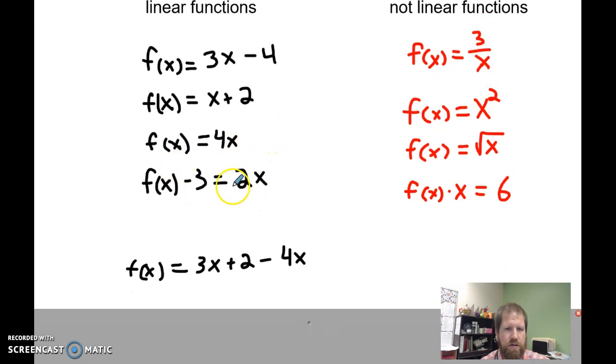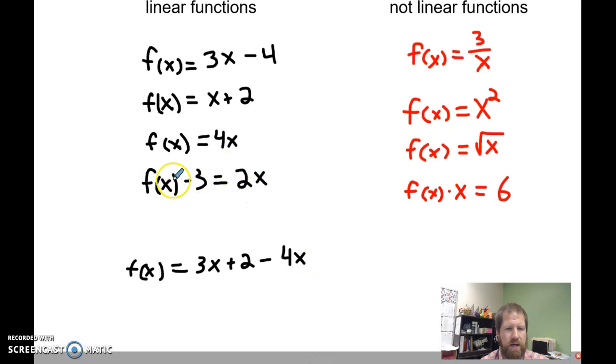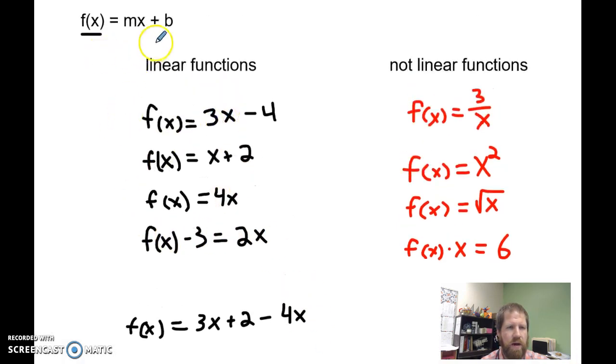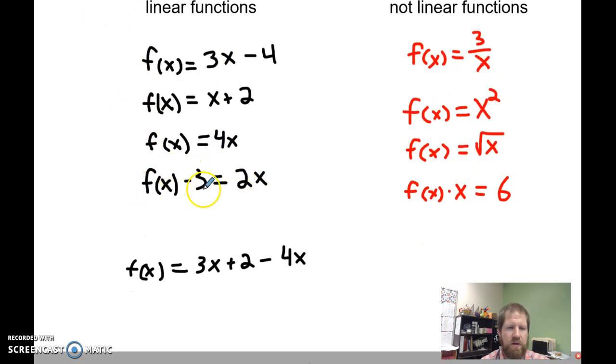Now we're getting into something that's sometimes a little bit harder to see, because this doesn't really look like my mx plus b. But if we're given this, we need to try and simplify it. We need to try and convert it into slope-intercept form, which hopefully you are pretty familiar with at this point. So I have a minus 3, but my goal is to have my function notation by itself, just like I used to try and have my y by itself.